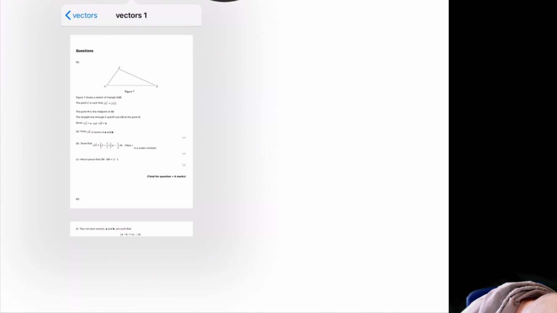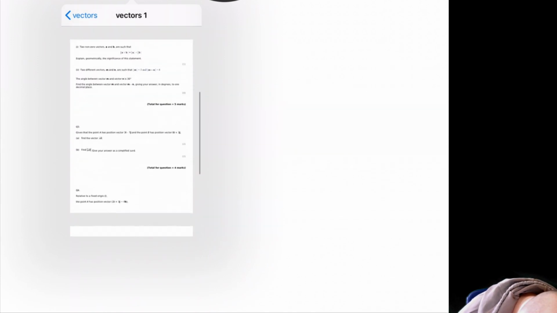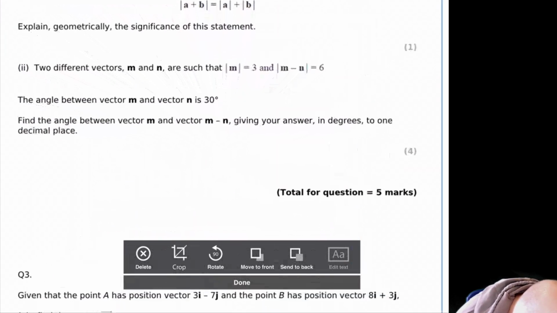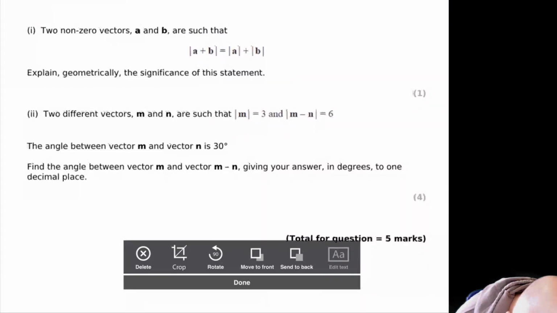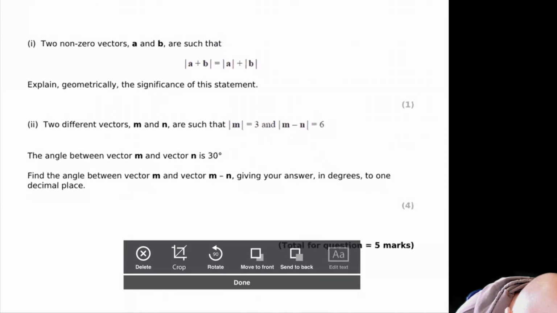Right, I'll put the next one up. If you do have any questions, please don't hesitate to ask. Cool. Next one should be a little bit easier, I think. I think we might have looked at this one before. Maybe.